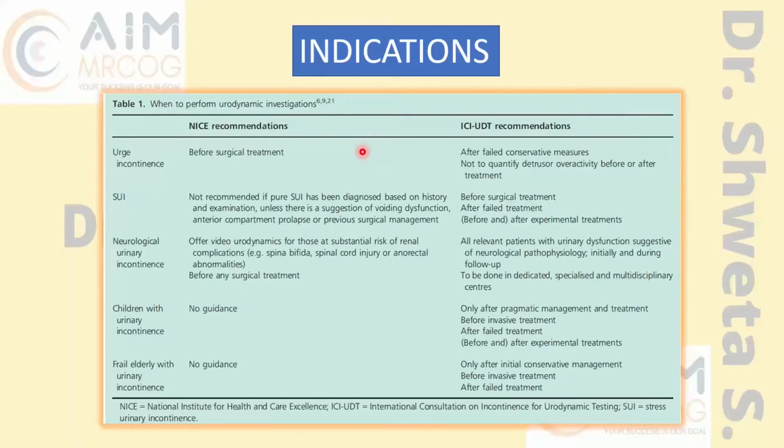Repeat urodynamic study. Very good. Yes, we will do urodynamic study because NICE doesn't recommend urodynamic study before surgery for pure stress urinary incontinence. But whenever there is failed surgery, you have to do the urodynamics. That is the important aspect you have to understand.